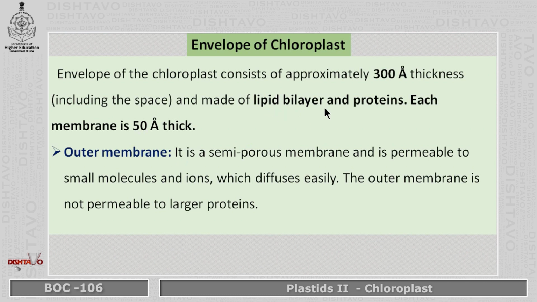The membrane is made up of a lipid bilayer and proteins. We see here 300 Angstrom thick, which includes the space, and each membrane is around 50 Angstrom. The outer membrane is semi-porous and permeable to smaller molecules and ions, which diffuse easily.